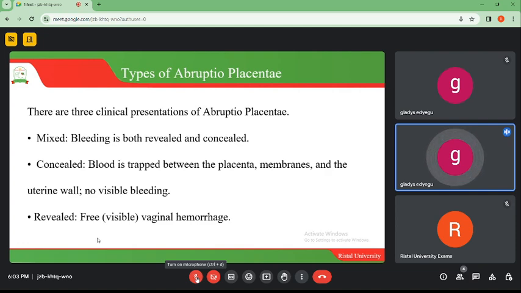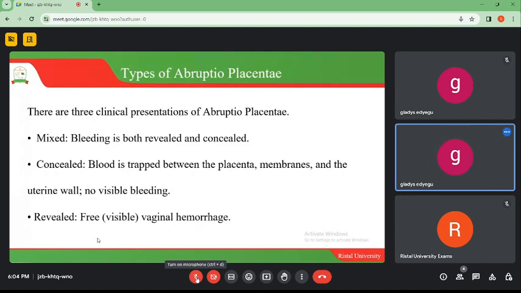You realize the mother has signs of bleeding per vagina, but also when you examine the mother, there are signs of some blood being retained inside the uterus. So that is the mixed kind of abruptio placentae, where you see the blood, but also there's some blood remaining inside the uterus.